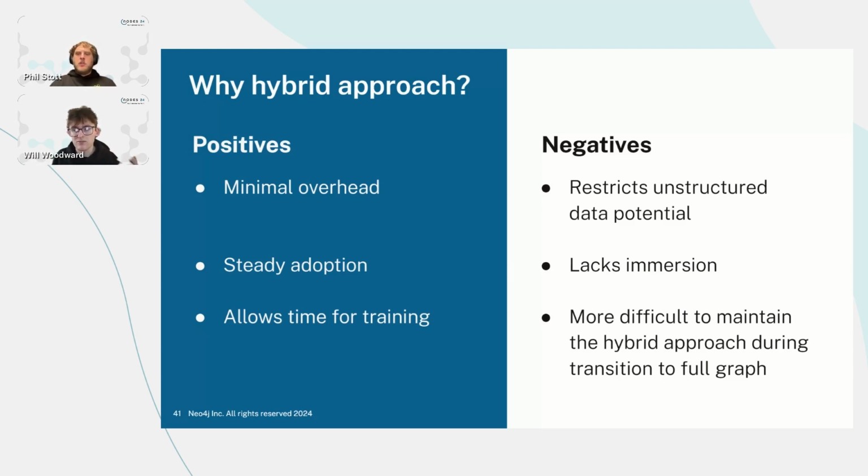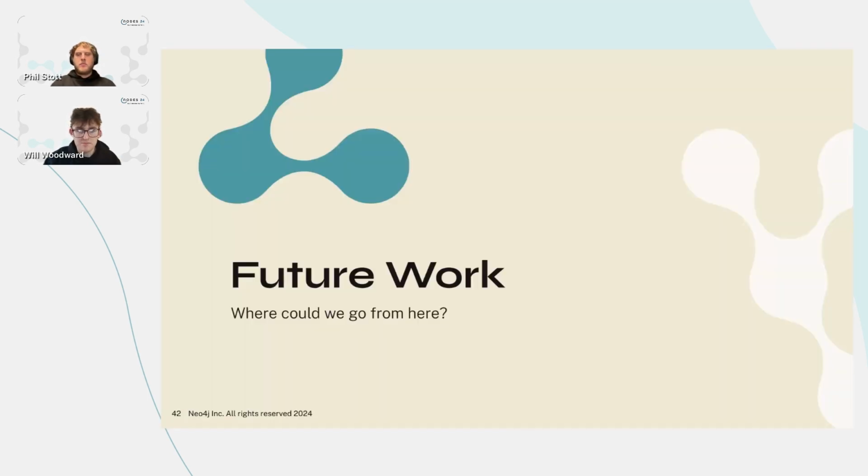Lacking immersion, you still think of things in a tabular format. You don't actually think of them as a graph if you're doing this hybrid approach. It's still great for analysis, but we're ultimately aiming to move towards that graph database. That's where we want to go. The hybrid approach is also more difficult to maintain. There are quite a lot of steps in this, so it is more difficult to maintain and adapt.